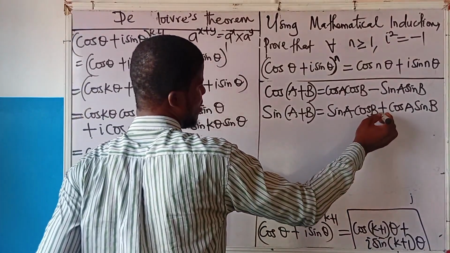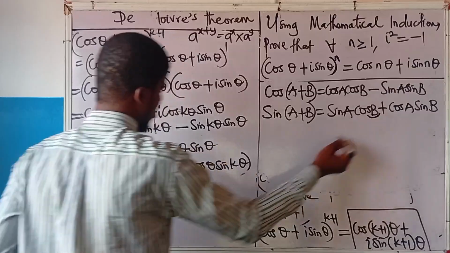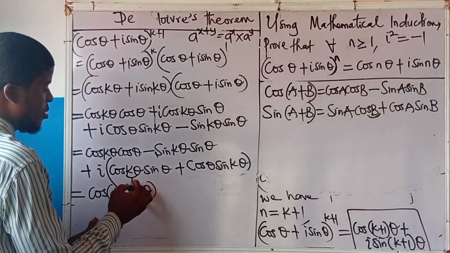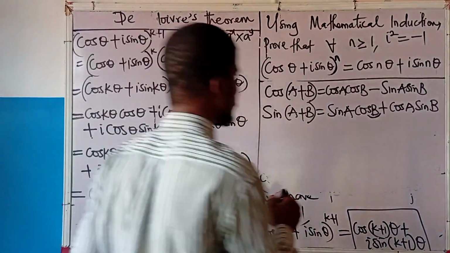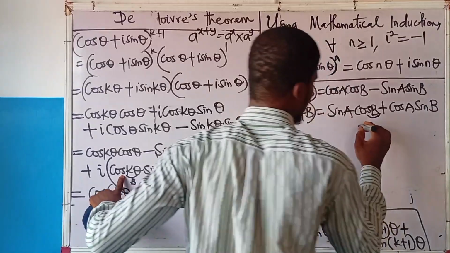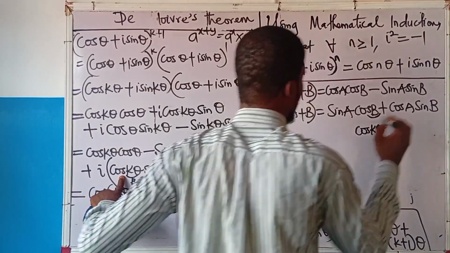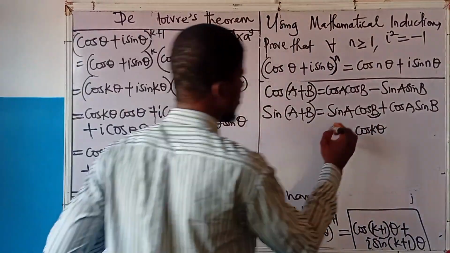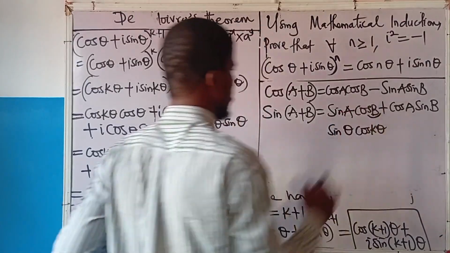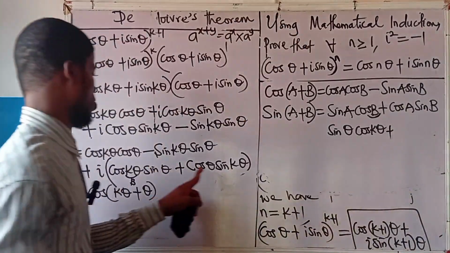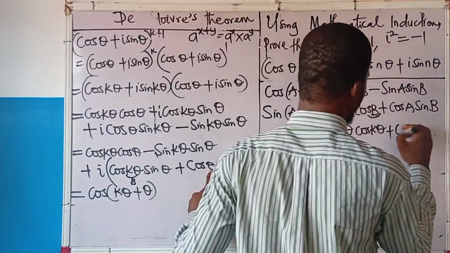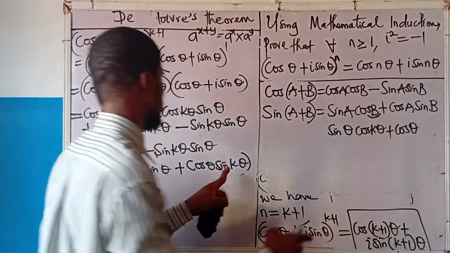Cos came second. Let me call this one B. So let's call k theta B so that we can fit in. Or let me write it here. Cos k theta. And let's see if it blends. Sin theta. Okay. Plus cos theta, right? Then what's the other one?